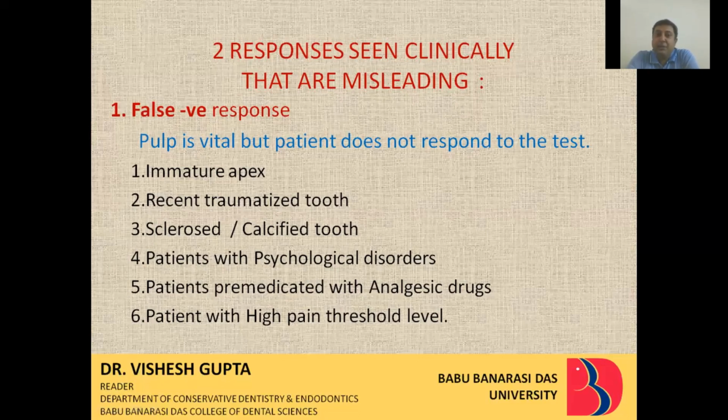Next, patients with psychological disorders may also give a false negative response. Next, patients pre-medicated with analgesics or anti-inflammatory drugs, so that their pain potential is very high. They will not respond to the normal pulp vitality test. Next, patients with high pain threshold level. These are all the conditions where we get false negative response.